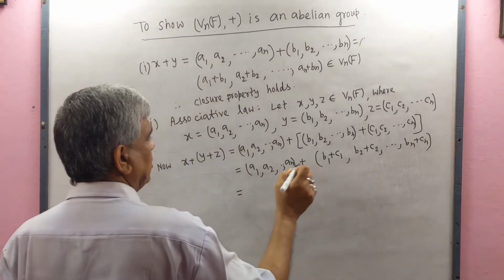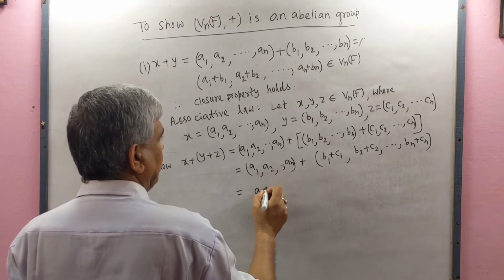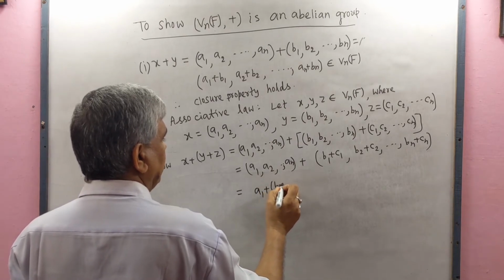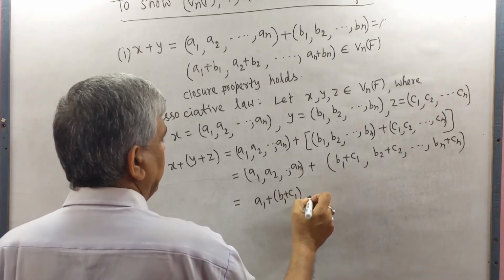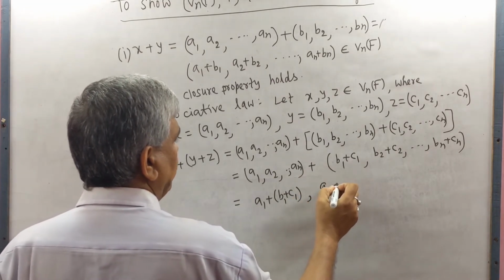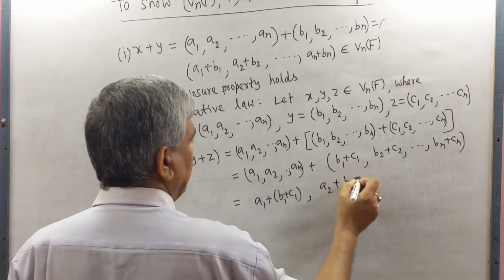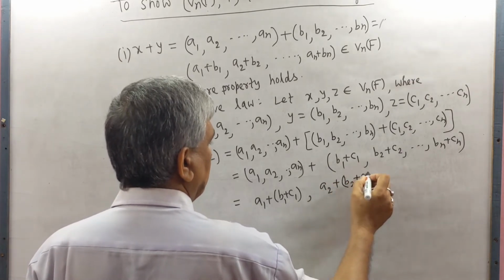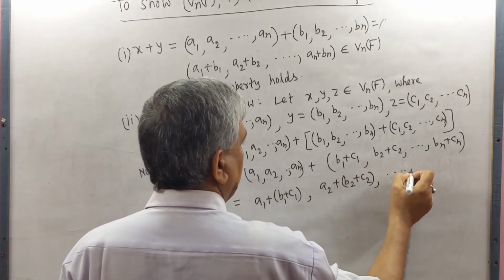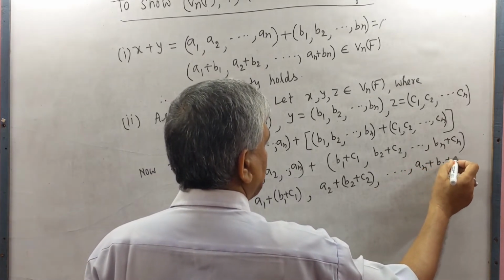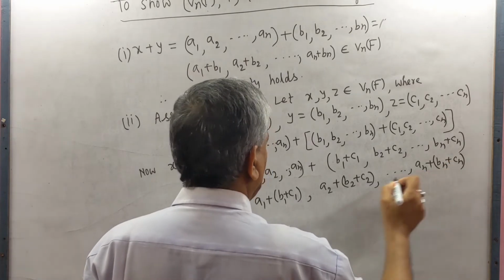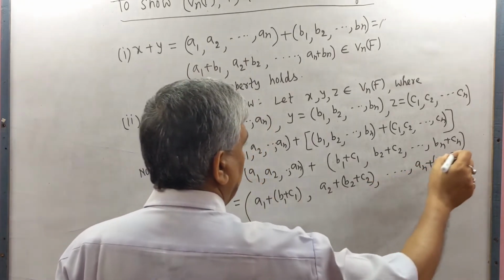Now we get (a1 plus b1 plus c1, a2 plus b2 plus c2, ..., an plus bn plus cn), an ordered n-tuple.